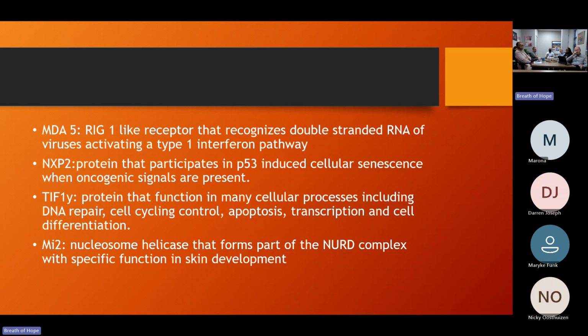So you can imagine that also has a link towards cancer because of the processes that it's involved in. Mi-2, which is the old most common one that we're used to seeing with dermatomyositis, is a nucleosome helicase that forms part of the NuRD complex with a specific function in skin development. So you can imagine when you see these patients that often have significant skin disease.